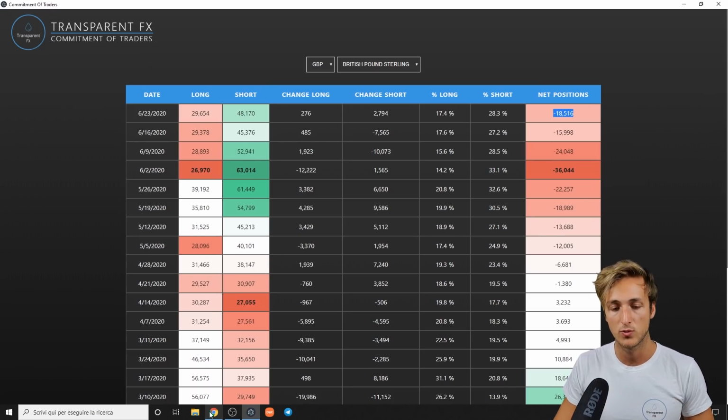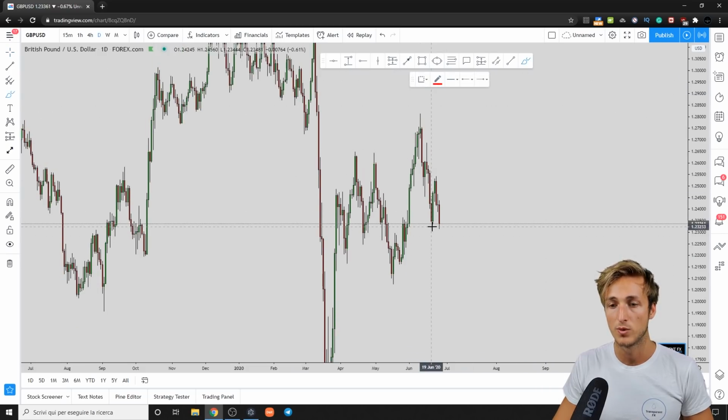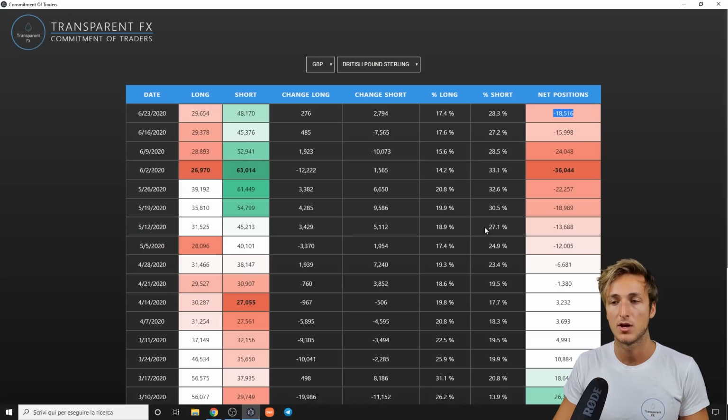And why did we want to see the retracement here to the upside? We wanted to see this retracement because clearly in the short term they had closed some shorts, 10k shorts closed here, and another 7k shorts here, and they had opened some longs, thousands actually of longs.